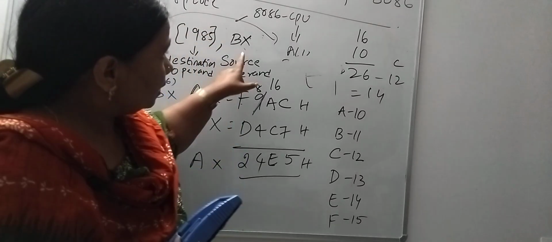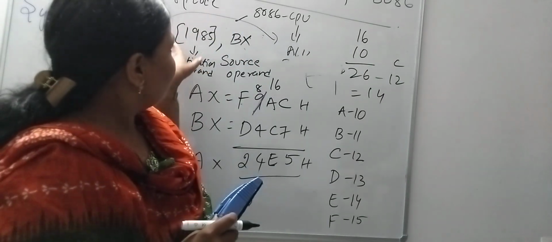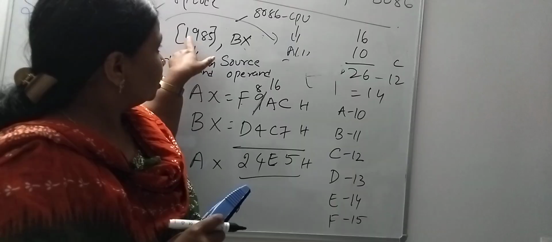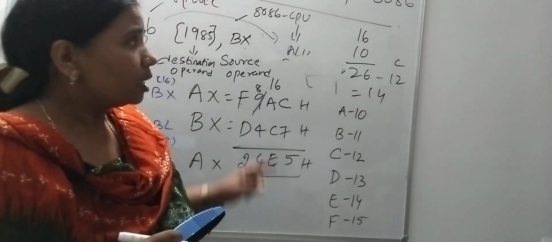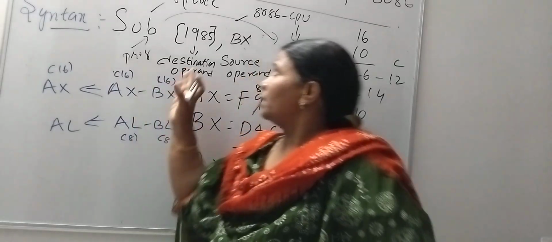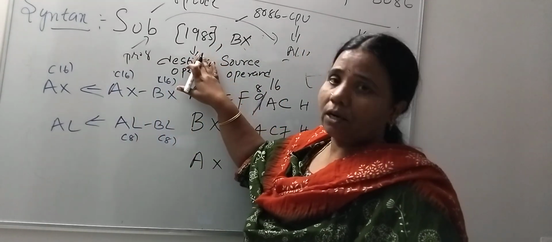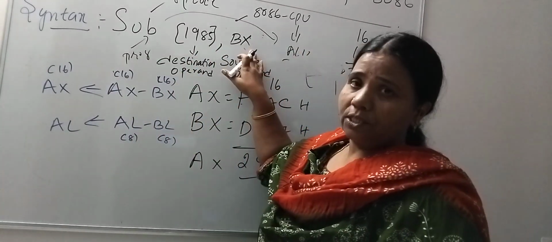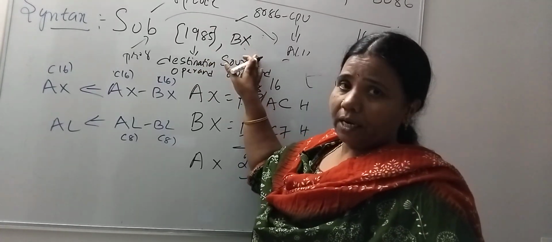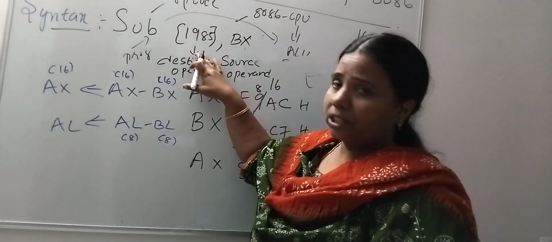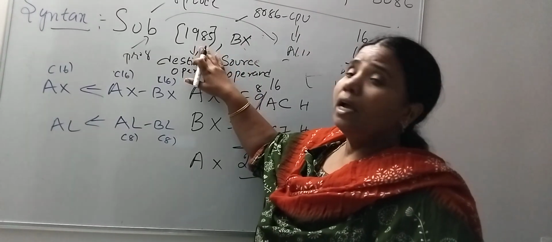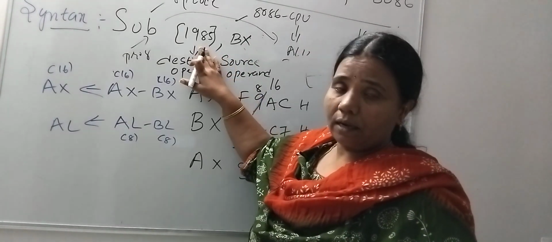The data present in BX can move to the destination operand, the data present at the location 1985. So what does it mean? You can take the source operand as a register and the destination operand also as a register; the source operand as user data and the destination as a register; or the source operand as a memory location and the destination as a register. Or you can take the source operand as a register and the destination operand as a memory location.